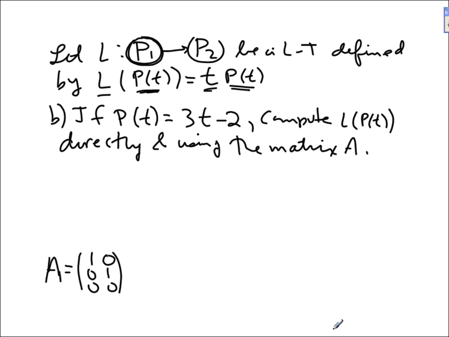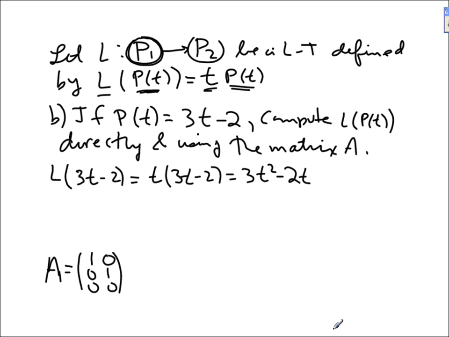Okay, so L of P of T, L of 3T minus 2 is, well, L of anything is T times the anything, which is 3T squared minus 2T. Let me leave that down there.